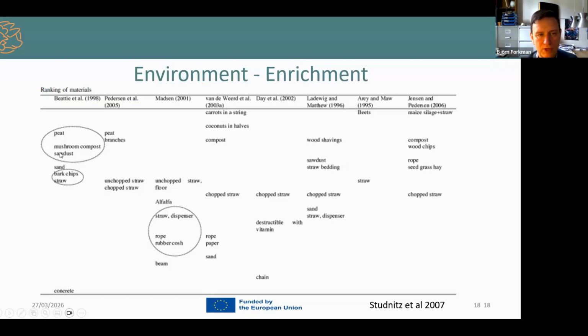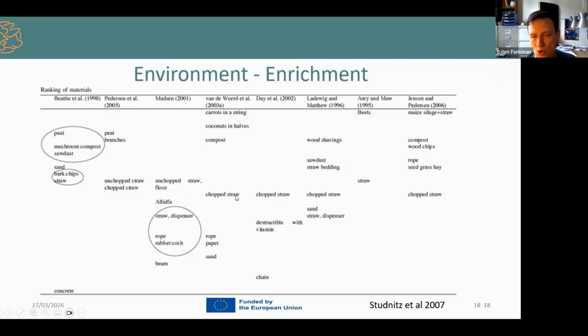So peat, mushroom compost, and sawdust are actually equally preferred in this study here. But as you can see, things like peat, branches, compost, wood shavings, compost, are all things which are highly ranked for the pigs. This is something they really like. Not least beetroots, maize, silage, carrots on a string, etc. as well, of course.